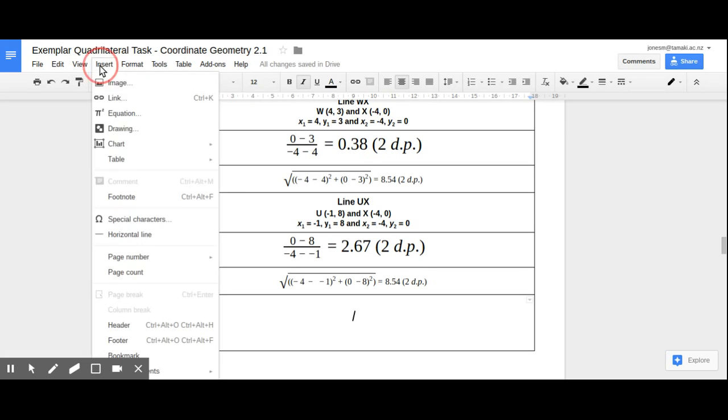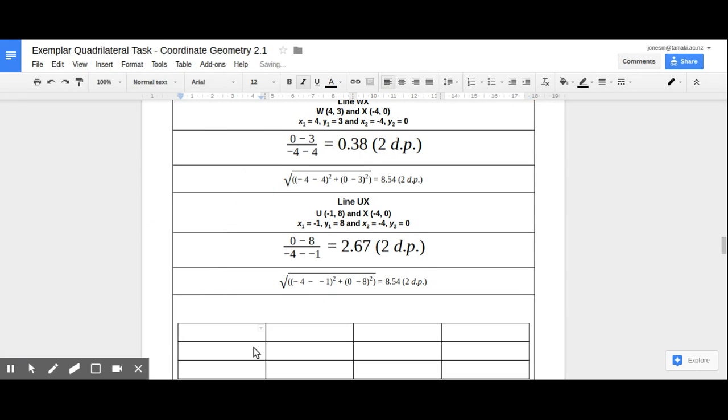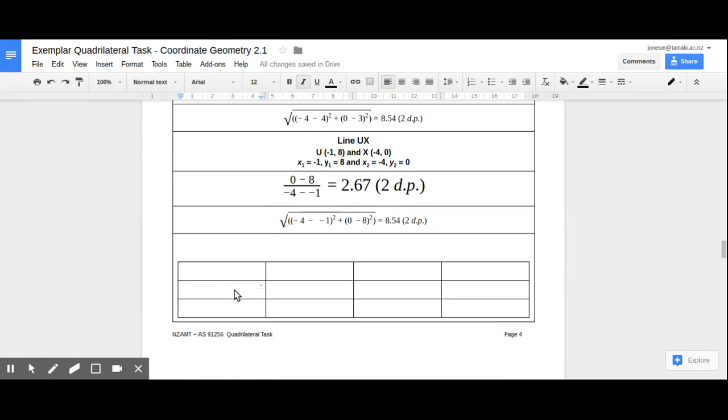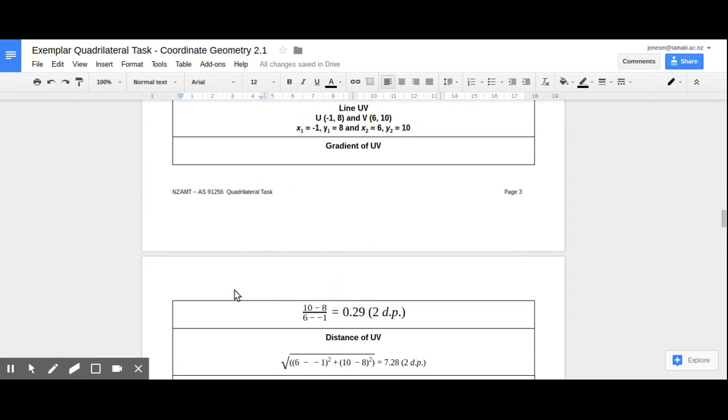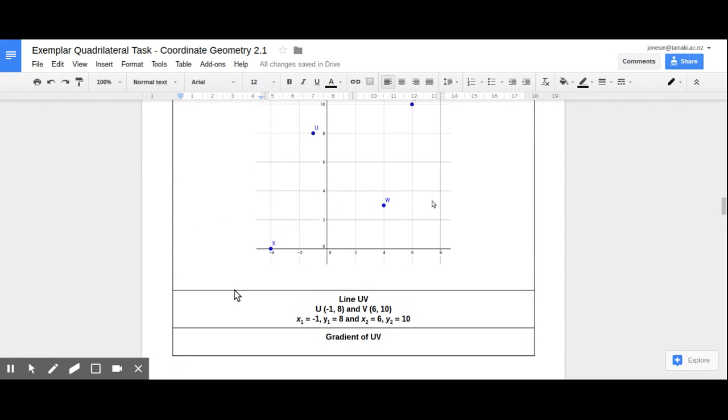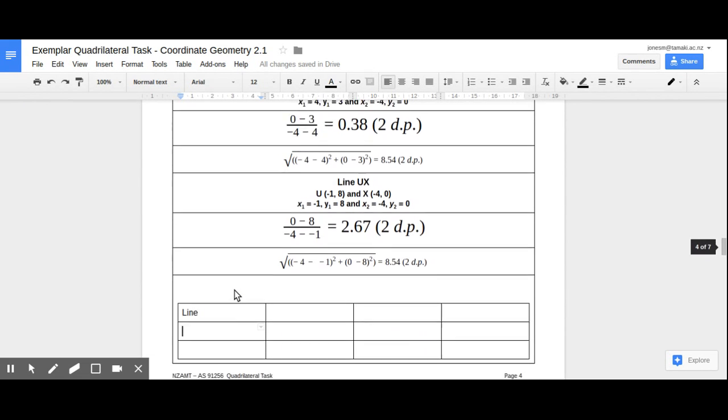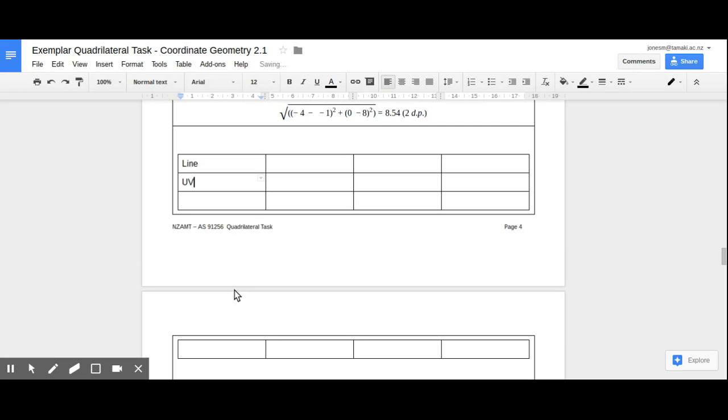So far. Okay, what I'm going to do is insert a bit of a table. In this table I'm going to look at our different lines. So we've got our first line, which is UV, and then our next line, which is VW.